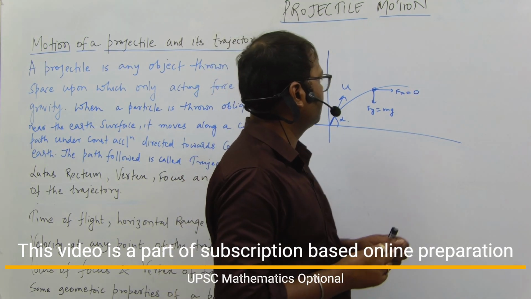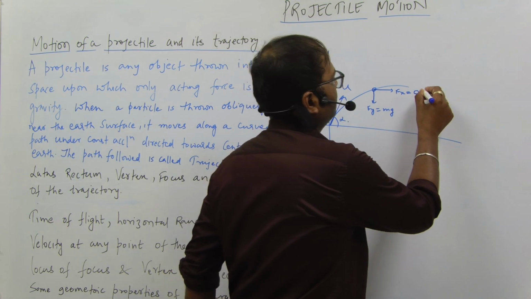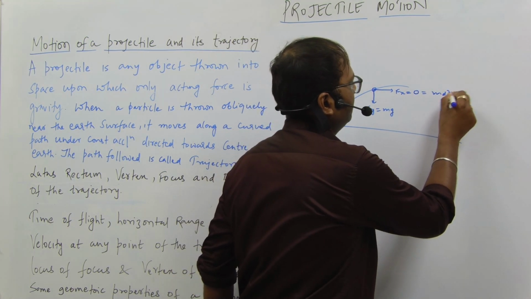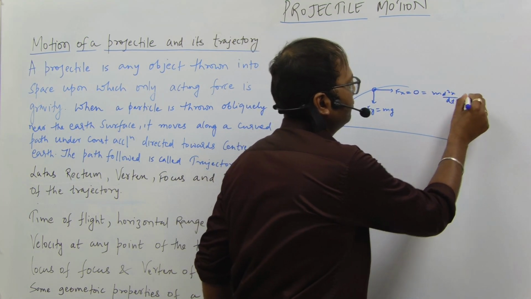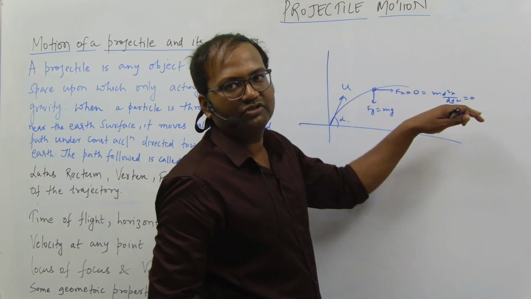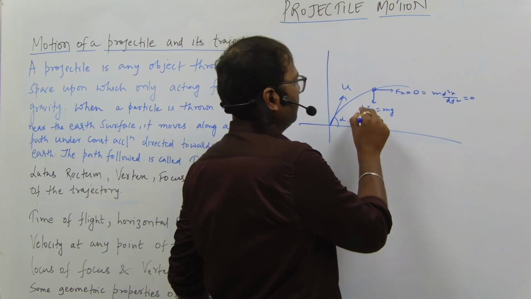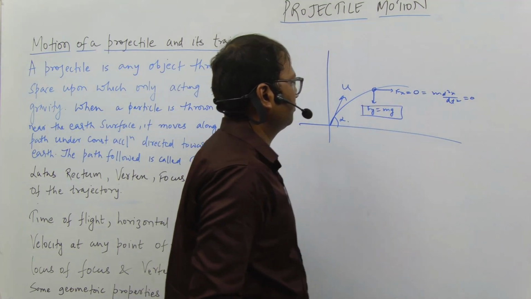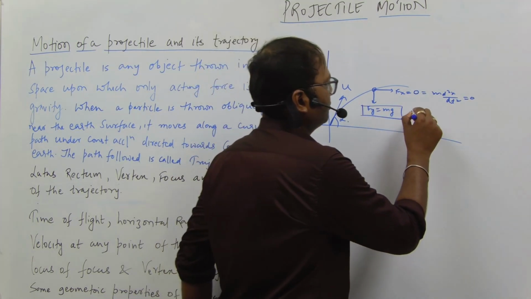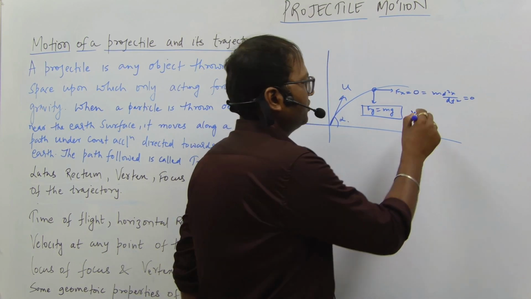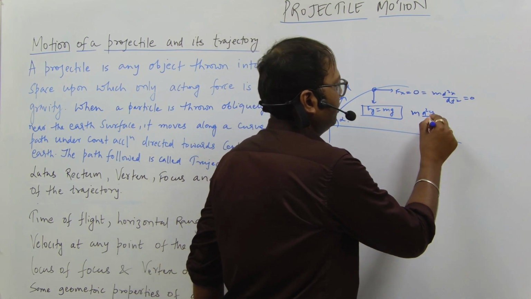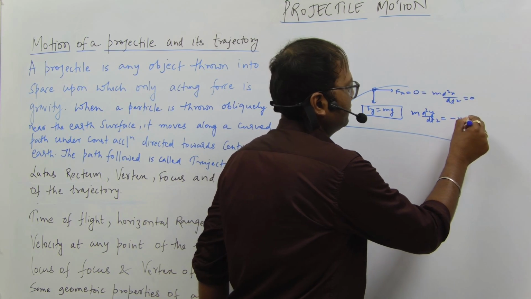So this means m d2x upon dt square is equal to 0. There is no force in the horizontal direction, but in the vertical direction we have the force due to gravity. By Newton's second law of motion, m d2y upon dt square is equal to minus mg.